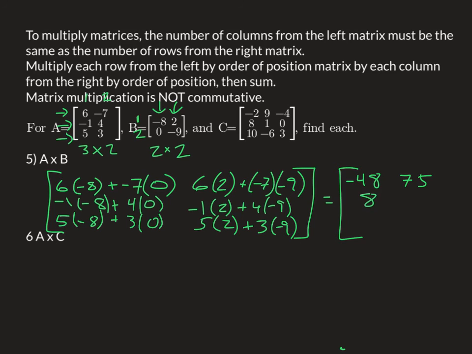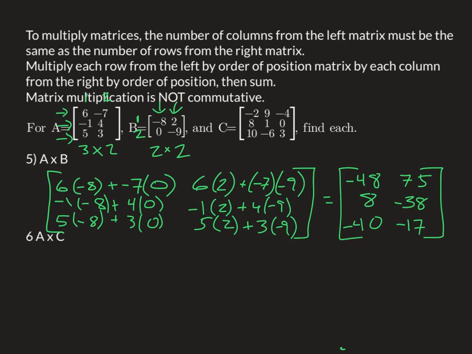Adding those together, we just get 8. Negative 1 and 2 is negative 2. Plus negative 36, we get negative 38. Negative 40 plus 0 is negative 40. And then 10 plus negative 27 is negative 17. And there is the result after multiplying matrices A and B together.